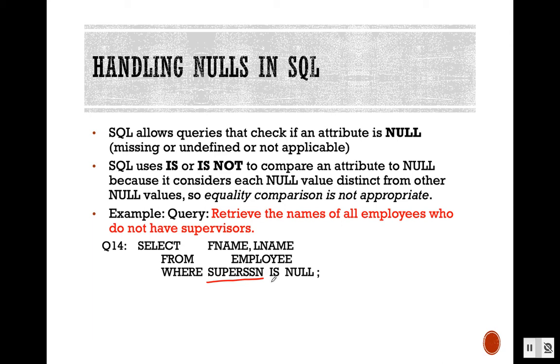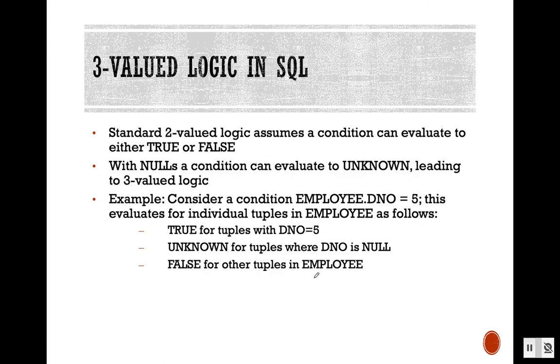We can use the IS operator to check whether an attribute value is null or not: whether Super_SSN is null, or Super_SSN is not null. The IS NOT NULL condition will find all employees that have a supervisor, and the IS NULL condition will find all employees that don't have any supervisor.